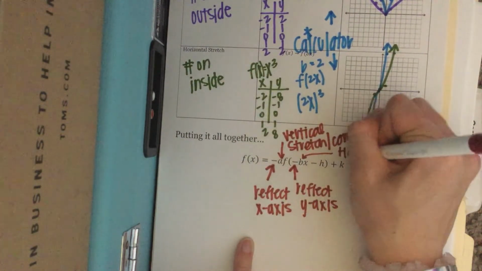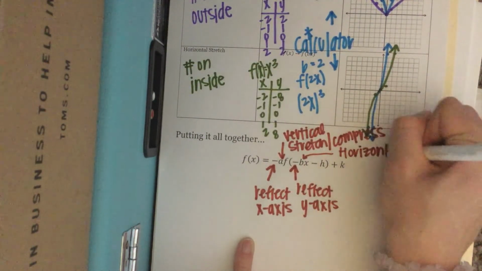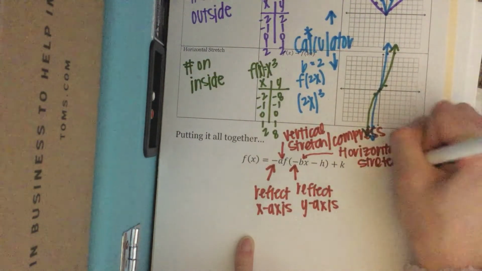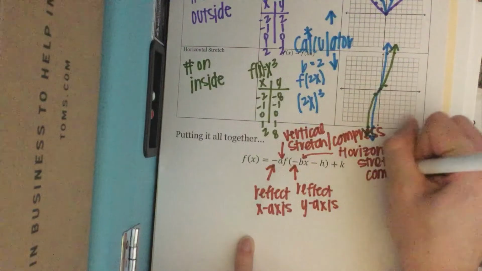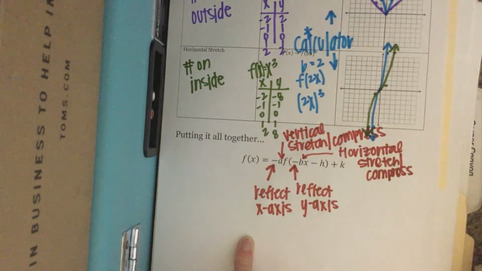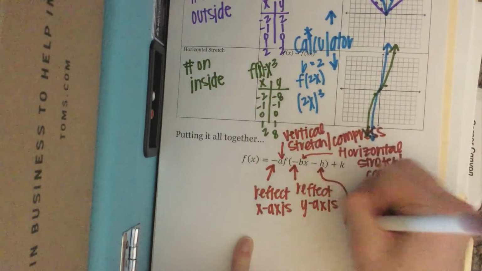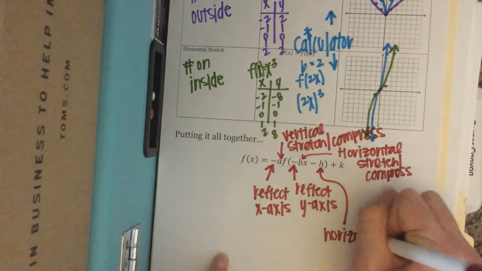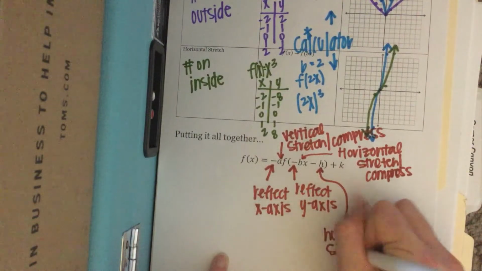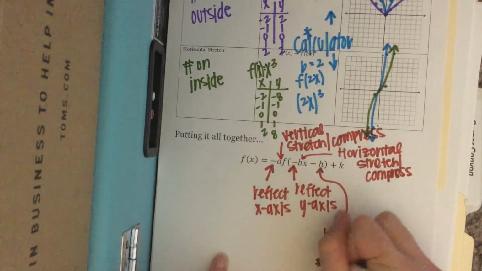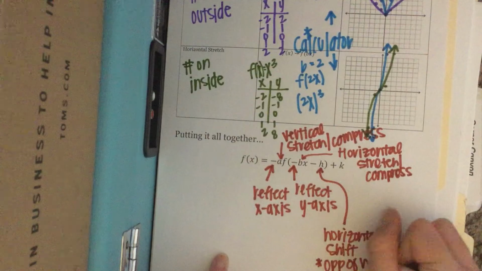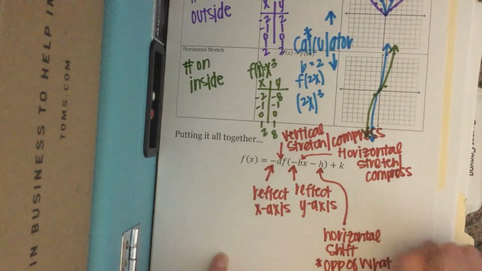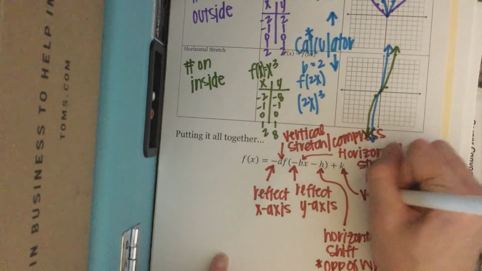B is a horizontal stretch or compress. H is the horizontal shift, and it's opposite of what you think. And K is the vertical shift.